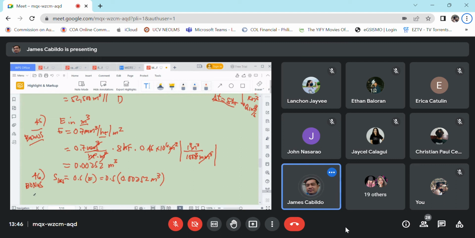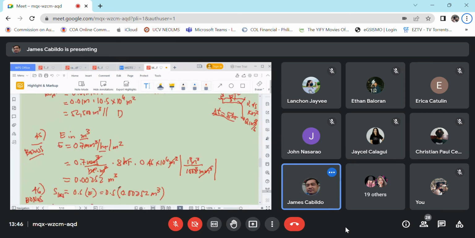Okay? Alright. So by using now the mass balance equation, in minus out equals change in storage. We're talking about the pool now, okay? Kasi ang nagkaroon ng seepage loss, okay? Nagkaroon ng loss dito ay sa pool. Ay, what I mean is dito sa reservoir.